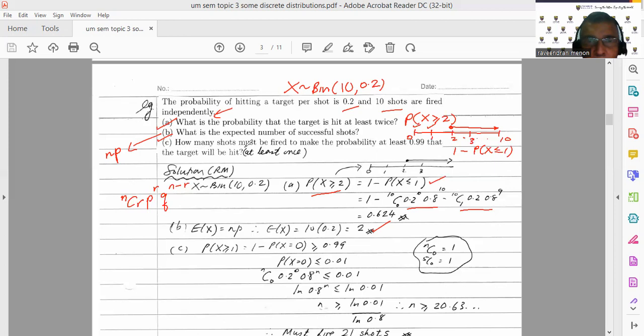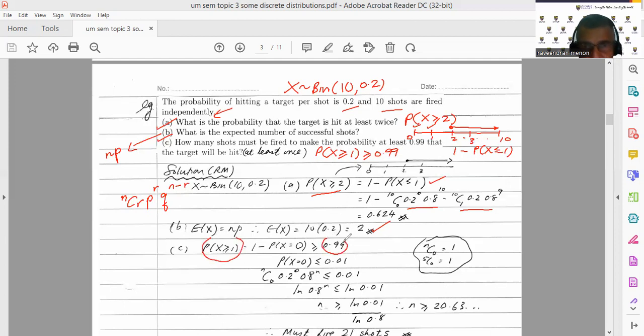Part C. How many shots must be fired to make the probability at least 0.99 that the target will be hit at least once? At least once means what? Probability X bigger than or equal to 1 must be bigger than or equal to 0.99. So that's what I've written here.